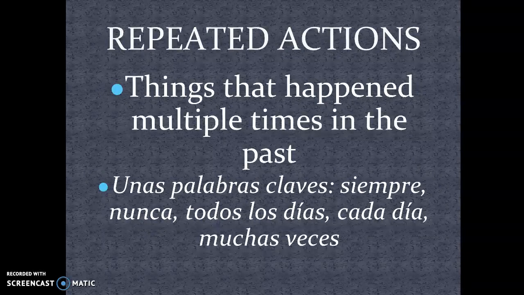We now move on to acciones repetidas, or repeated actions. We're talking here, of course, about things that happened multiple times in the past, and what you really need to be aware of when we're talking about repeated actions are las palabras claves, or keywords.